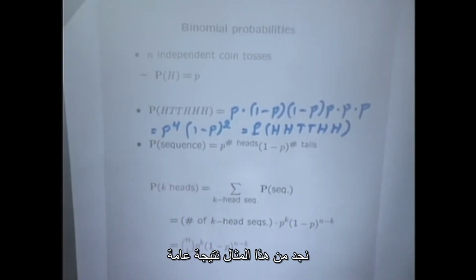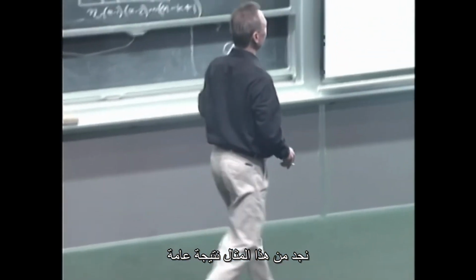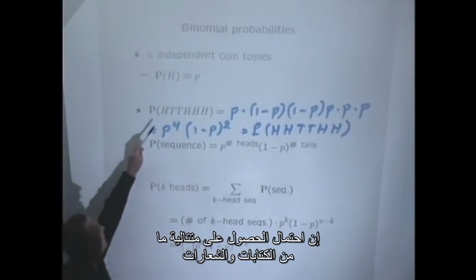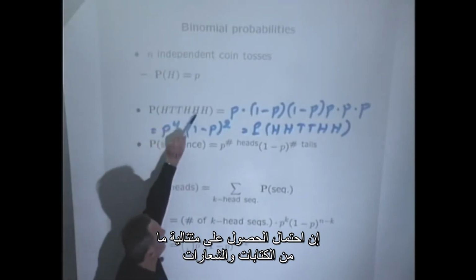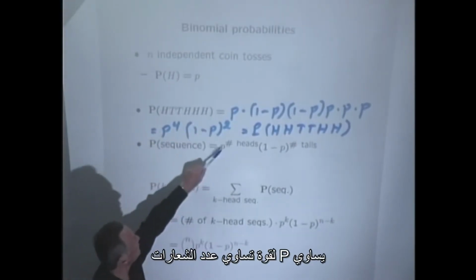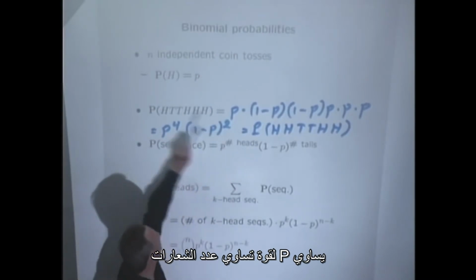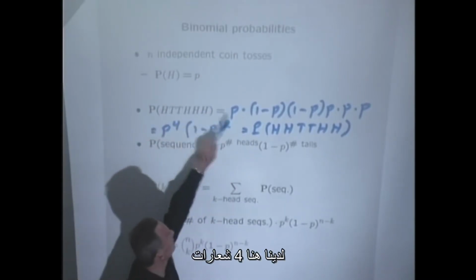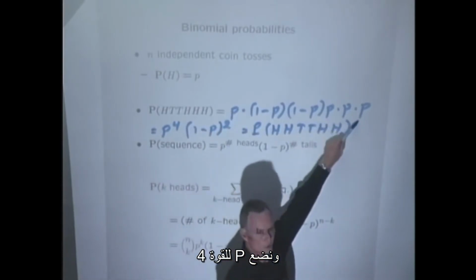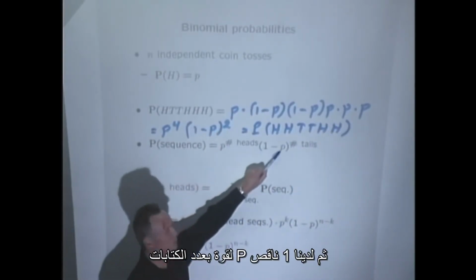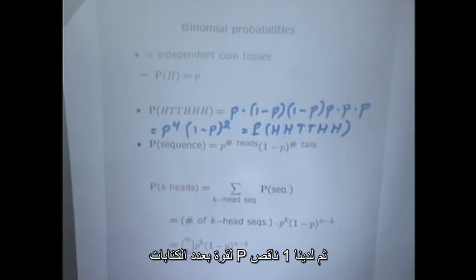So what you observe from just this example is that more generally, the probability of obtaining a particular sequence of heads and tails is p to a power equal to the number of heads. So here we had 4 heads, so there's p to the 4th showing up, and then 1 minus p to the power number of tails.